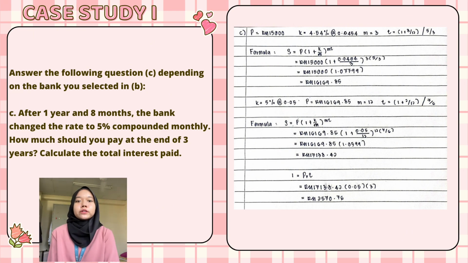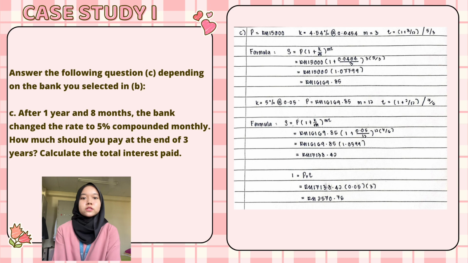First of all, we need to enter the values into the compound interest formula, which is P is 15,000, k is 4.54% from Kasih Bank, m is 12 also from Kasih Bank, and the power of 12 times 5 over 3. So, your answer is 16,169.85. Next, we also use the same formula but change the value of P, which is 16,169.85.